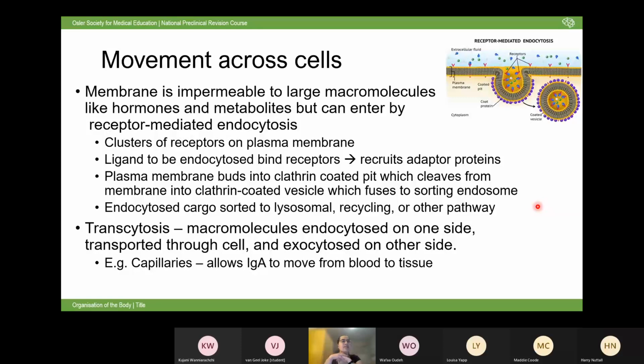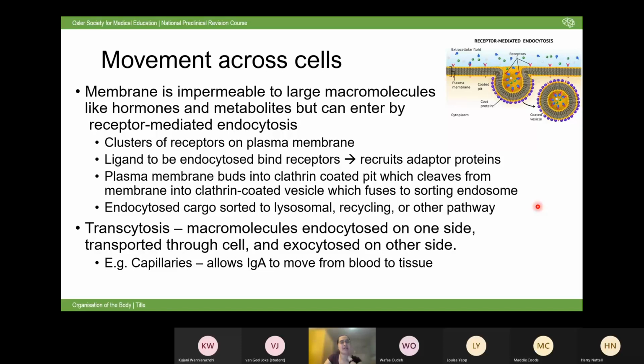And then in terms of movement into and across cells, large macromolecules aren't able to just diffuse through the plasma membrane, but the way they enter is by receptor-mediated endocytosis, which essentially means that when they bind to the receptors, it causes a change in the membrane such that a bunch of adapter proteins gather, which then causes the membrane to indent into a clathrin-coated pit, and clathrin is just a protein on the inside.